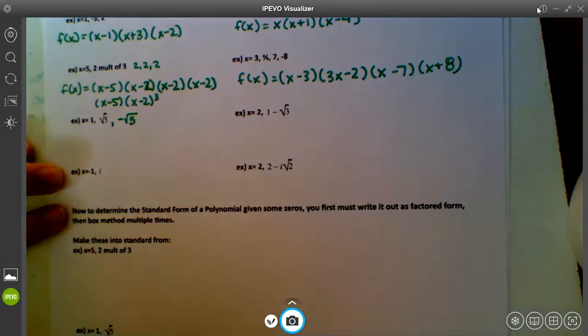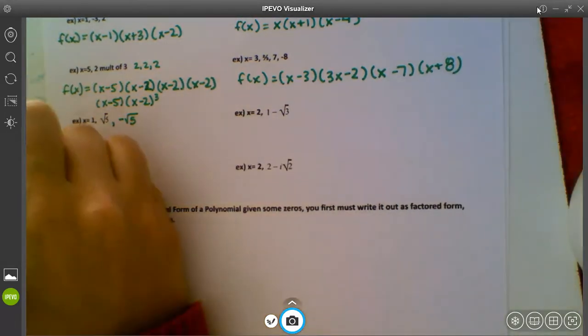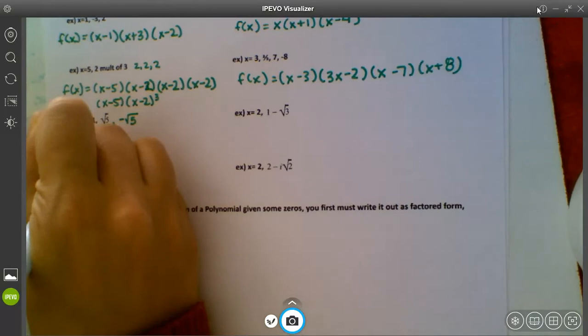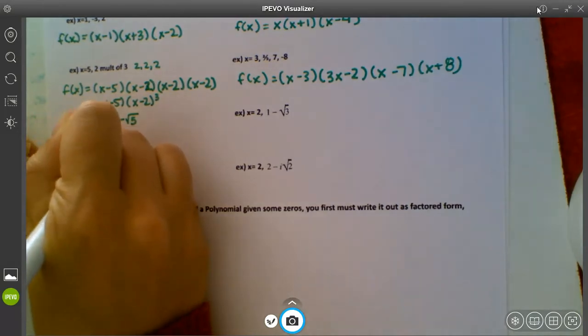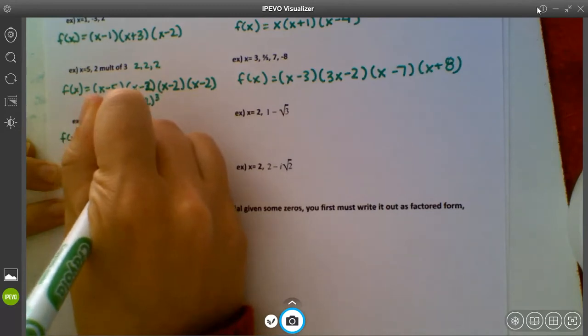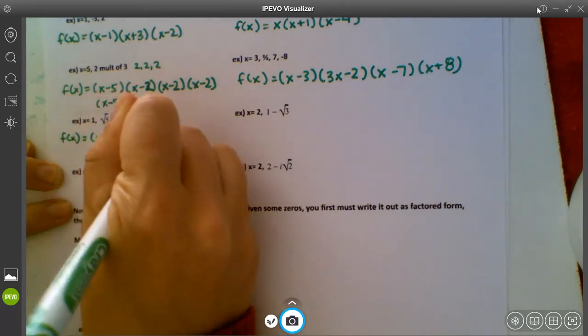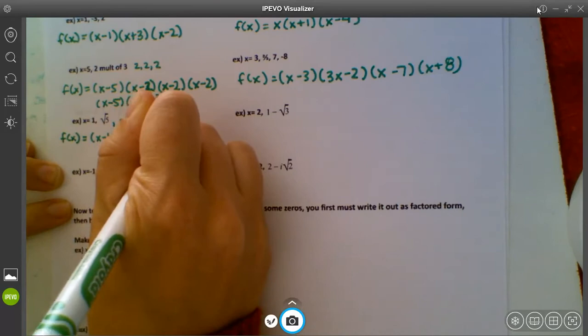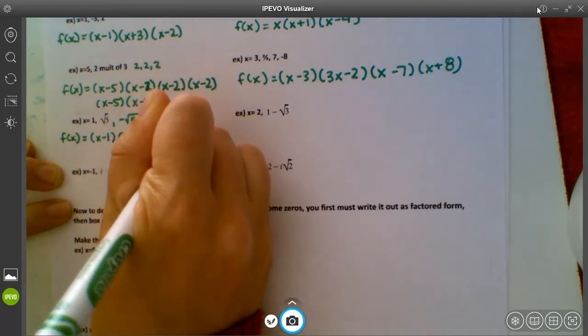Now, that means we know it's x minus 1. But then when you go to write it, you have an x minus root 5 and an x plus root 5.